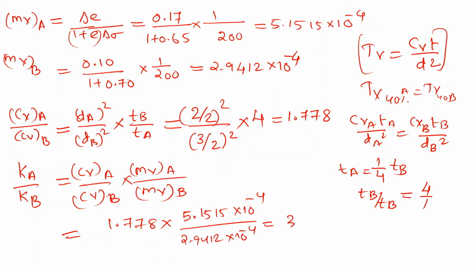So we get 3.114. That is the relation between the coefficients of permeability of A and B: 3.114.